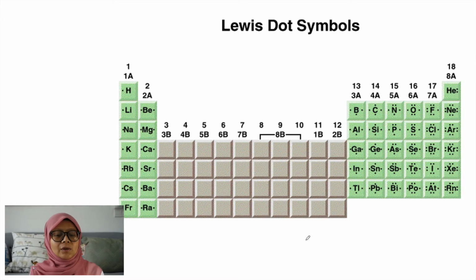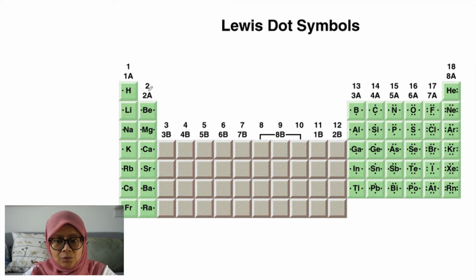So here is an example of the Lewis dot symbols, where all the elements show their valence electrons. If we have group 1, there is only one valence electron for all of group 1.